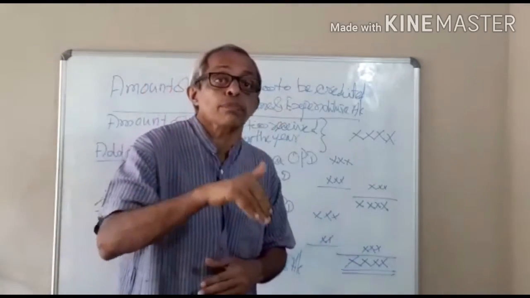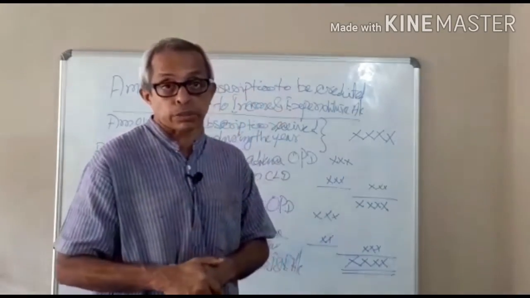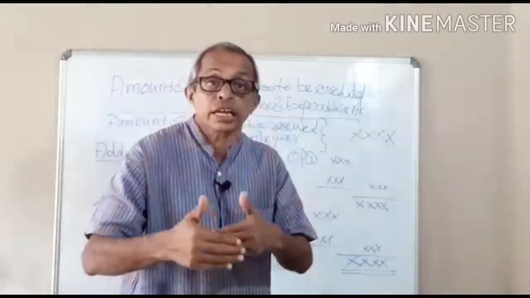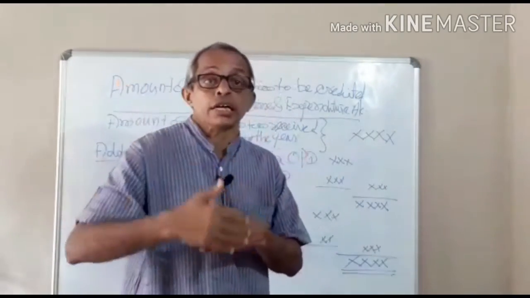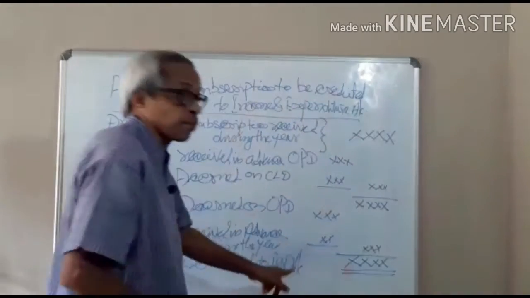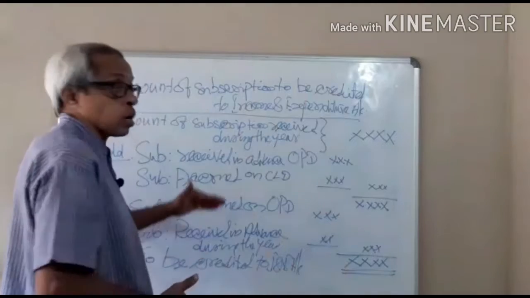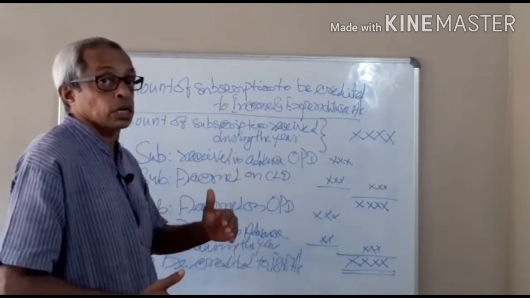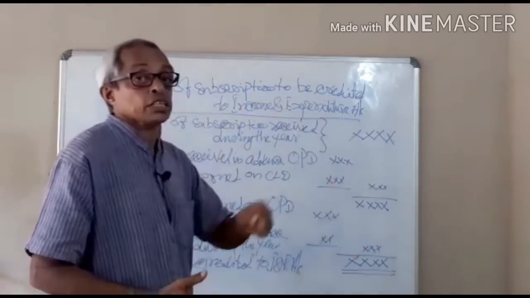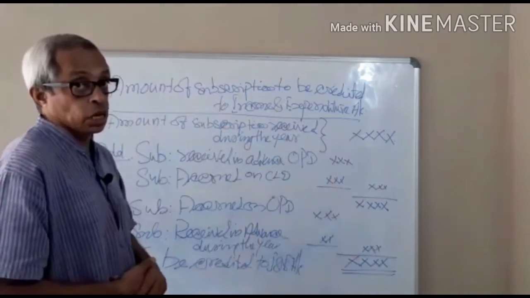That amount does not belong to the current year's subscription. Therefore, the amount received during the year for the coming years should also be deducted. Then the resulting figure is the actual amount of subscription as income to be credited to Income and Expenditure Account.